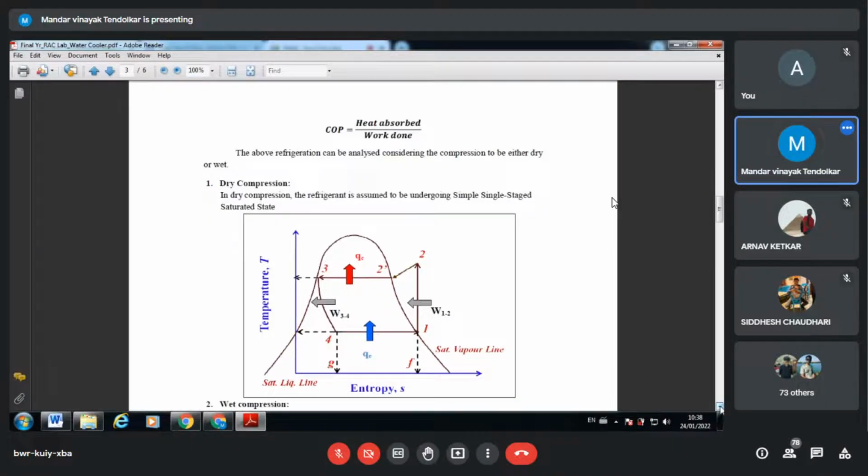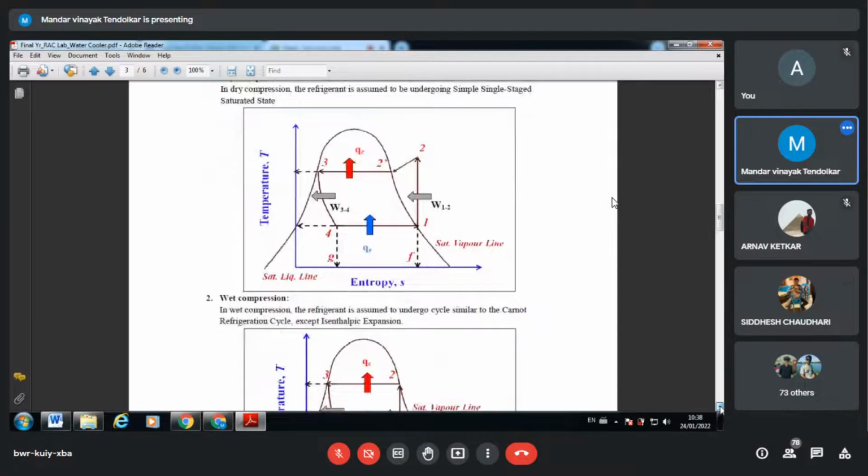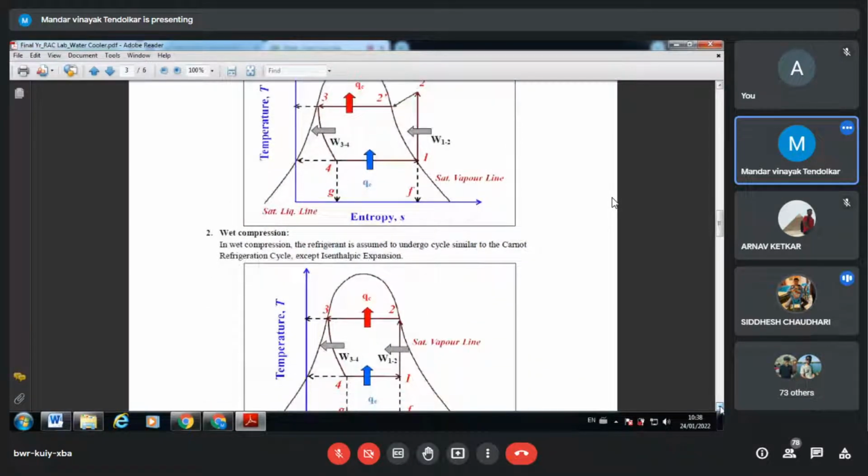Do you agree? Yes, sir. Here it is 4, here it is 2, that means somewhere in between. It means the compression is starting from somewhere here. It is not reaching the saturation point, and not even here. Somewhere in between, maybe somewhere here, anywhere. So partially wet.